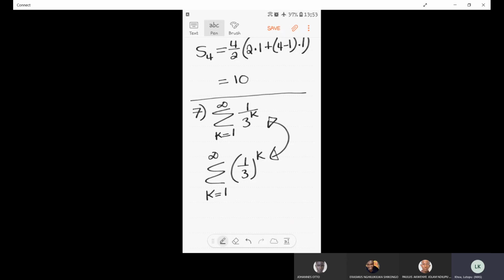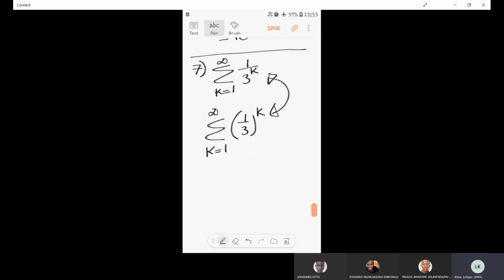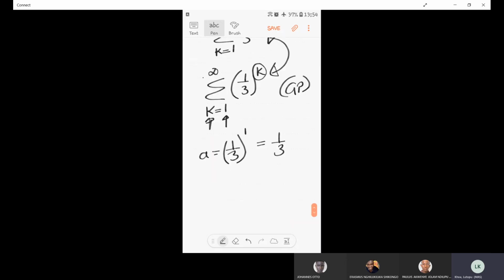Okay, so here I can see that this is geometric because my exponent is the variable that is increasing. It's the sum to infinity. So first of all, I need to check whether this sum exists or not. So my A, this is 1 over 3, and then the starting point of k, this is 1, so this is just 1 over 3. Then R is whatever number has the exponent k, so R is 1 over 3.